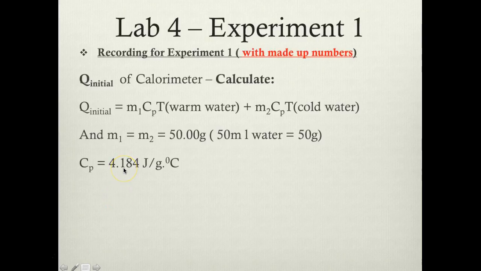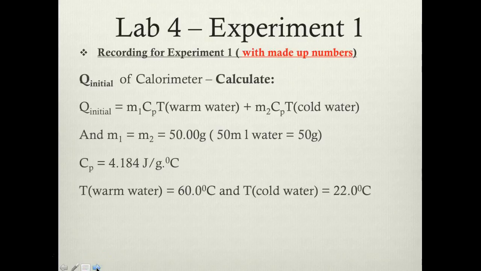The specific heat of water is 4.184 joules per gram degree centigrade. The warm water temperature was 60. The temperature of the cold, or room temperature, water was about 21.5. And this is a typo; it should have been 21.5.